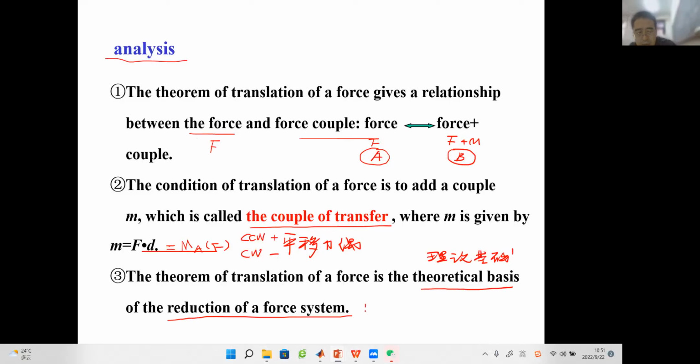So it gives us a hint that we will do some reduction of a force system. It's our final task. Before that, we should know this theorem of translation, right? I hope you can totally understand this principle because it is very important. Maybe you'll use this theorem many times, so we will repeat it.